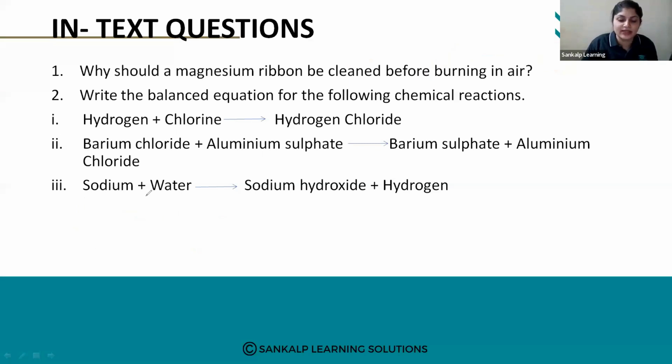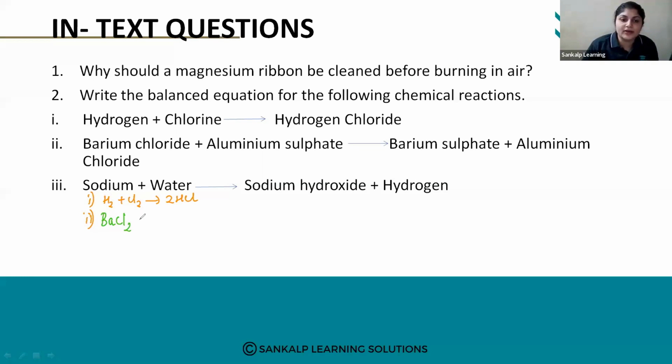Barium chloride. Yes, how to write barium chloride? So first was H2 plus Cl2 giving you 2 HCl. Now, second one, barium chloride. Barium is Ba. Chloride is Cl2.